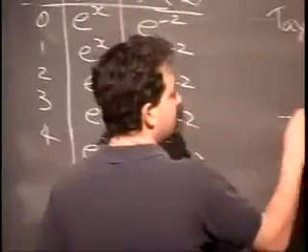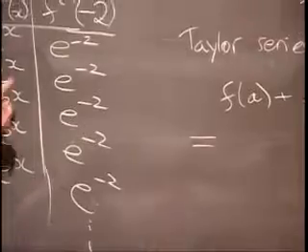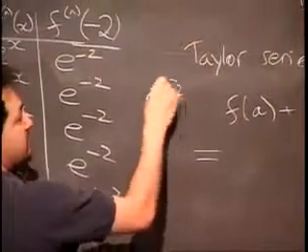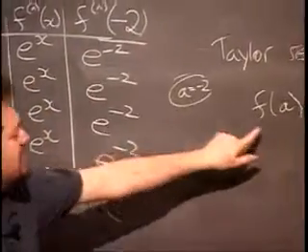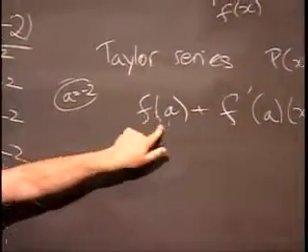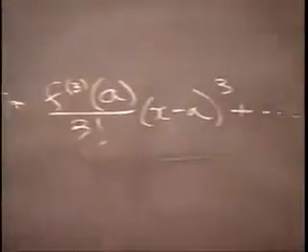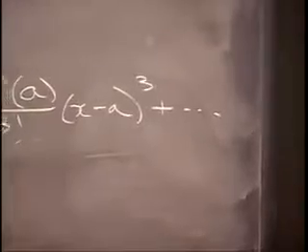But in this case, a happens to be minus 2. So I'm going to immediately specialize to a as minus 2. And at the same time, I'm going to copy the values of f of minus 2, f prime of minus 2, f double prime of minus 2, f triple prime, etc., from this column here. And once again, they're all equal.